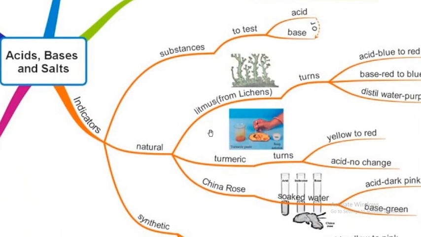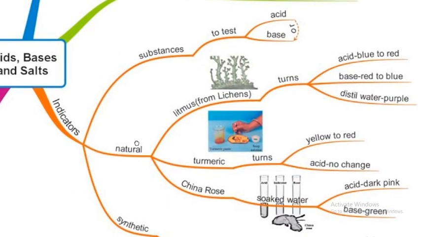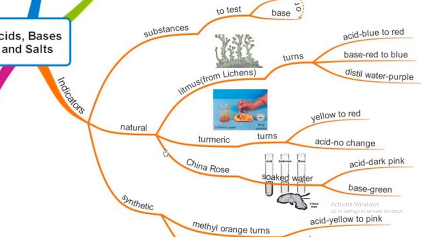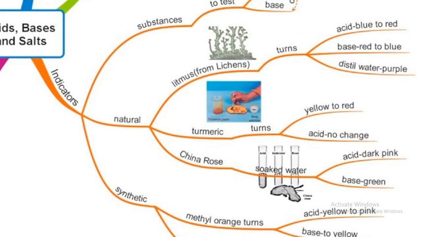And next, the chemical substances which are used to test these acids and bases are called indicators. Next, the types of indicators. The indicators obtained from natural substances are called natural indicators, and the indicators prepared in the laboratory are called synthetic indicators.